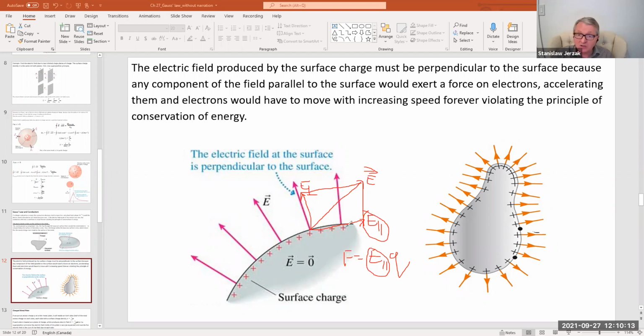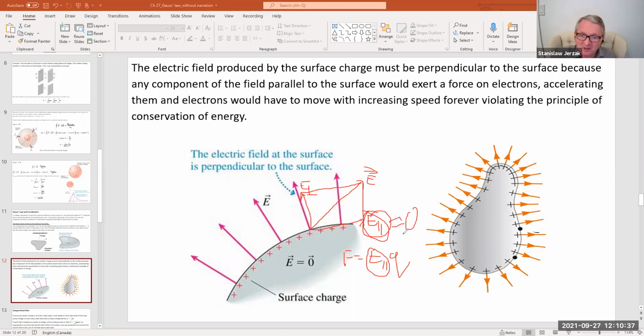So electrons would continue to move on the surface, and when they move, they make collisions that create heat. That cannot happen. That would be a violation of the principle of conservation of energy. So the only solution is that in static equilibrium, after 10 to negative 9 seconds, the electric field must be perpendicular to the metal surface, so that this component parallel is equal to 0.